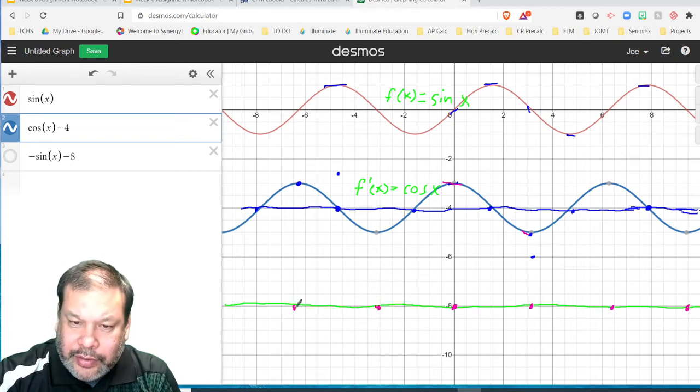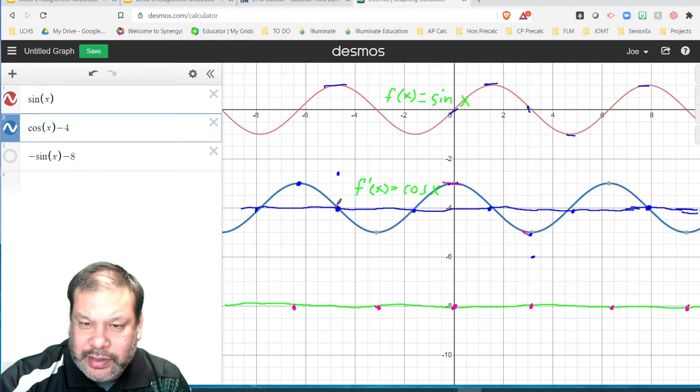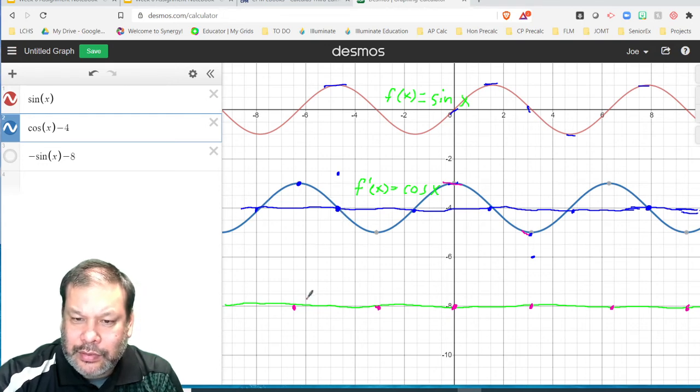And then all the points of inflection are going to be the maximum and minimums, because it's going from negative, and then it starts going less negative back to 0.